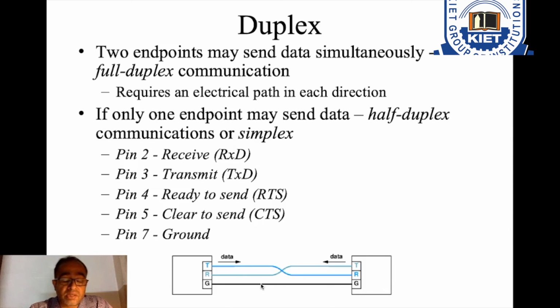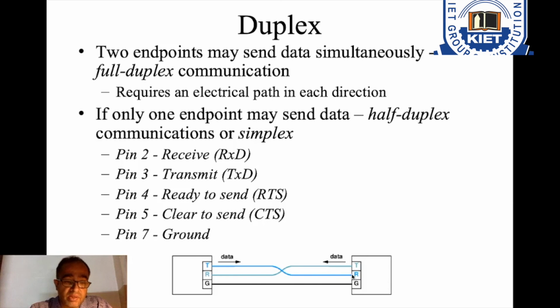Now, in half duplex, if they want to send and receive, only one at a time can happen. This node can send the information, and after receiving it, then this node will be able to send the information. So this is called half duplex mode.